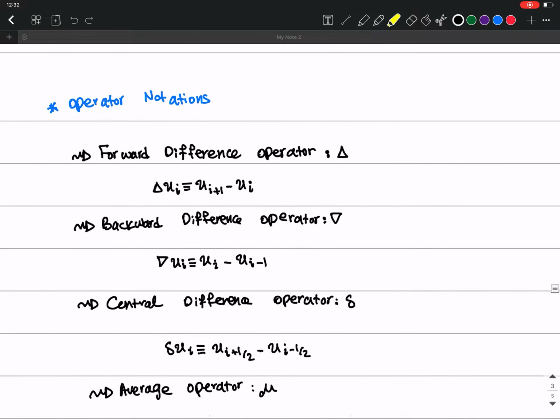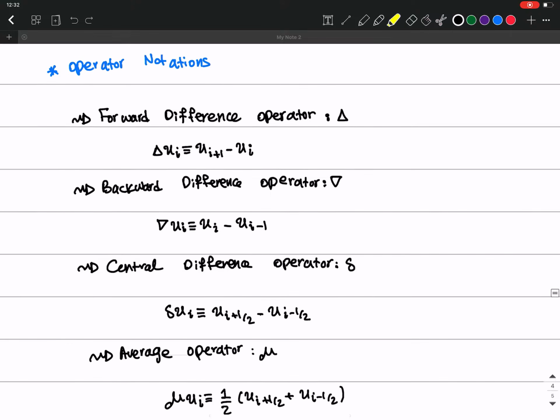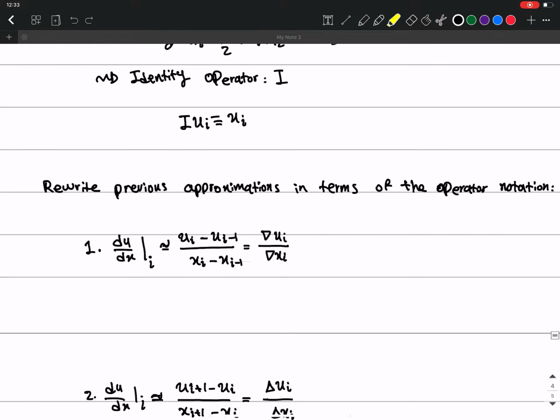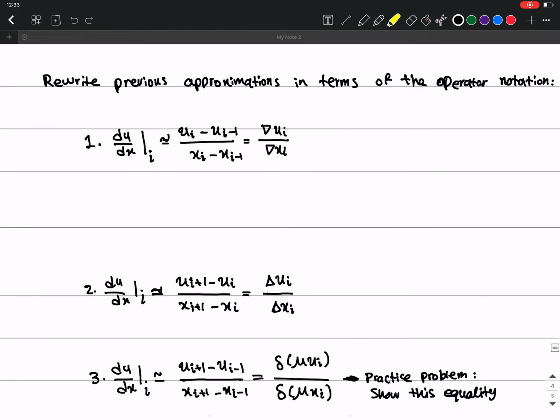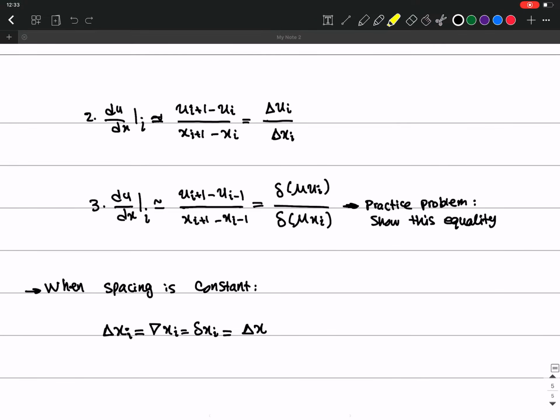Then we defined some operator notations for simplicity in these finite difference schemes: forward difference, backward difference, central difference, average operator, and identity operator. We rewrote those previous approximations in terms of these operator notations, and then made a general statement about spacing: if it is constant, forward, backward, and central are all going to be equal to each other. Okay, thank you very much.